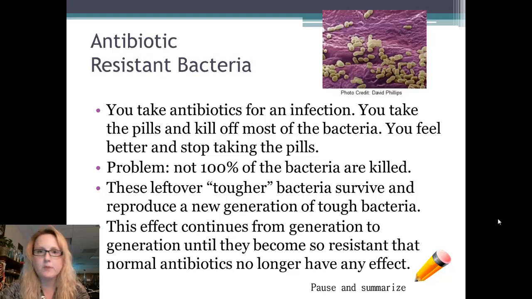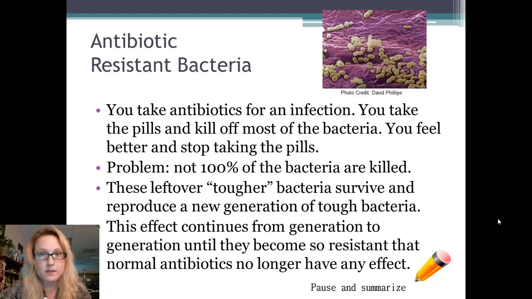Now you have a brand new population of bacteria with those same tough genes, which means they are going to be harder to kill and therefore more resistant to antibiotics. That effect continues from generation to generation until they become so resistant that medications may be rendered completely useless.